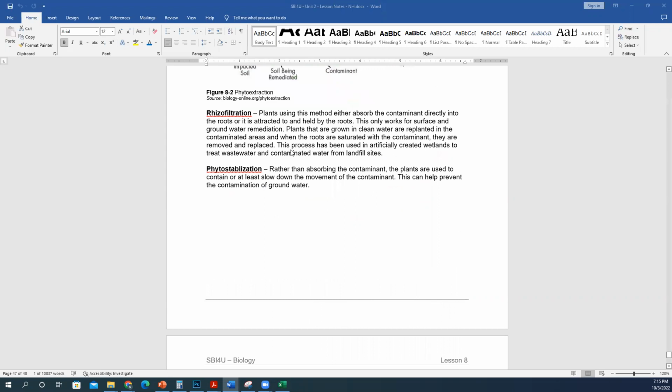And then another method is phytostabilization. So in this case, rather than absorbing contaminants, plants are used to contain or at least slow down the movement of these contaminants. And this can help to prevent the contaminants from getting into groundwater by helping to sequester them.